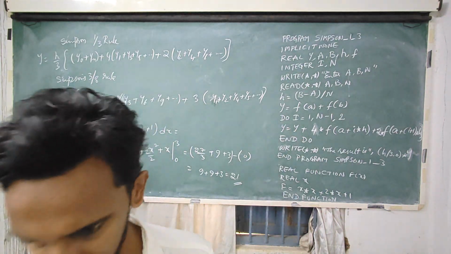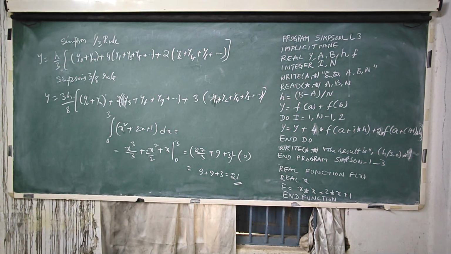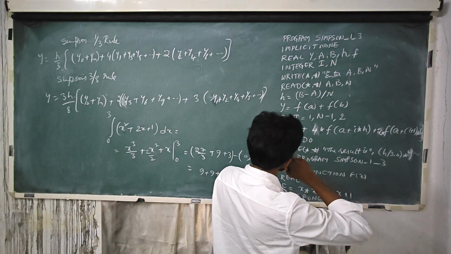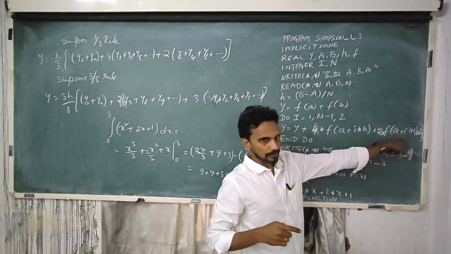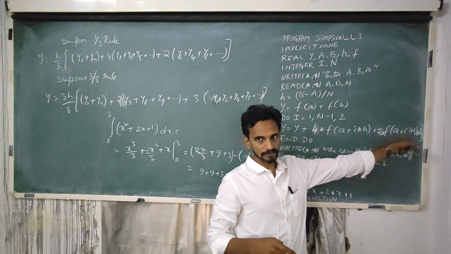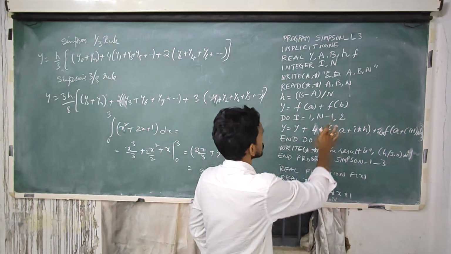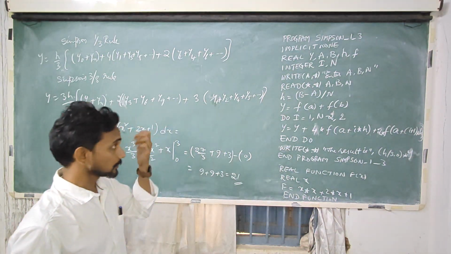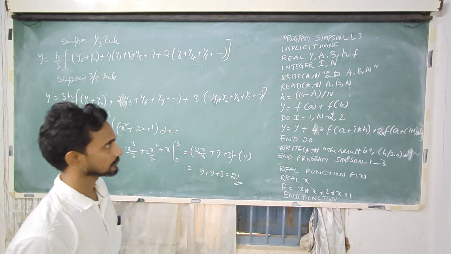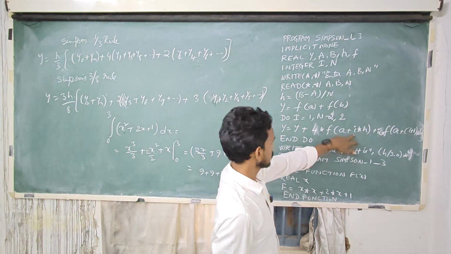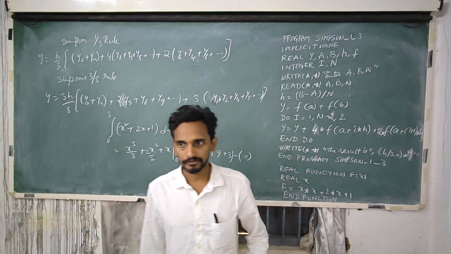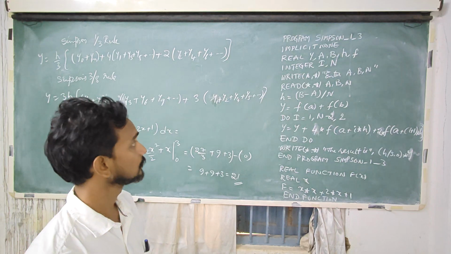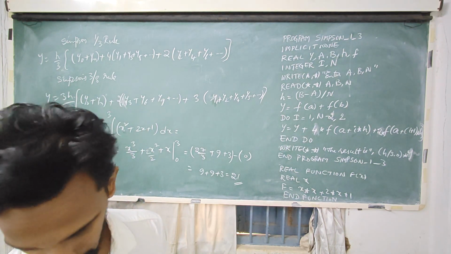So if we go up to n minus 1, what happens? We'll be adding the nth term also here. N minus 1 and n minus 1 plus 1. So we have to consider only up to n minus 2. I is 1 to n minus 2 with a step size of 2. And the last term would be n minus 2 and n minus 1. 4 times y n minus 2 and 2 times y n minus 1. So that will solve.